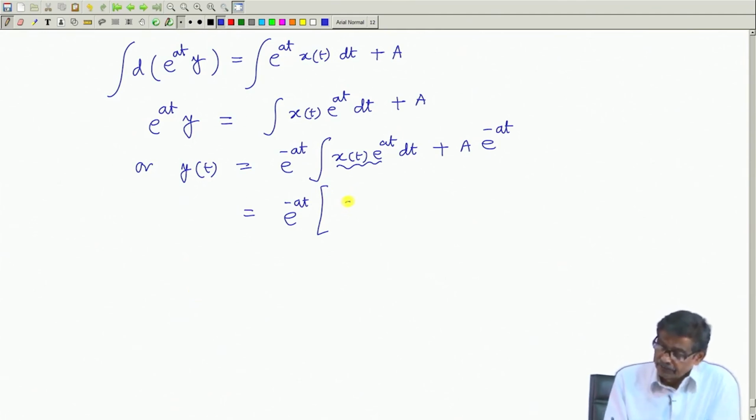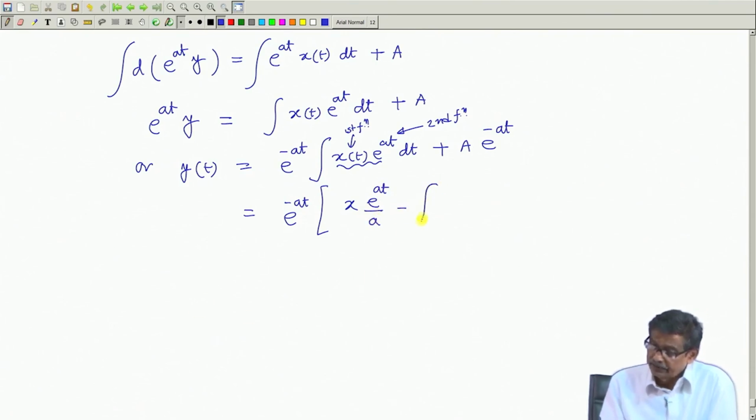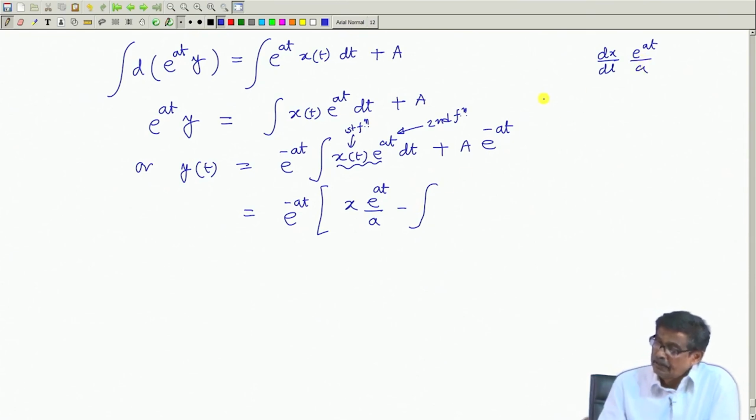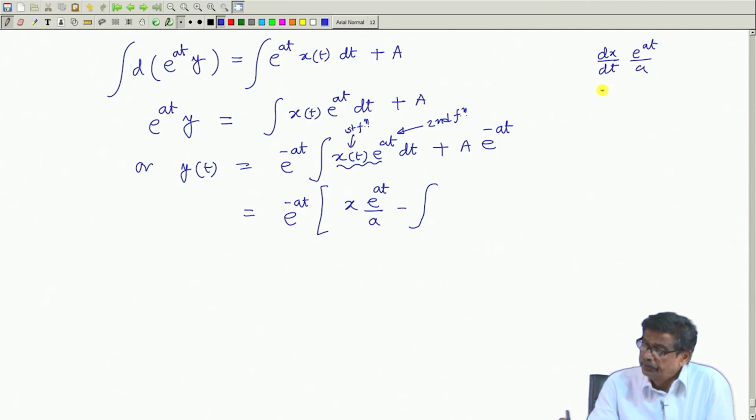The first function is x t, into the integration of the second function, e to the power a t, which will be e to the power a t by a, then minus the integration of the differentiation of the first function, that is dx dt, into the integration of the second, e to the power a t by a. For dx dt I will write x dot.